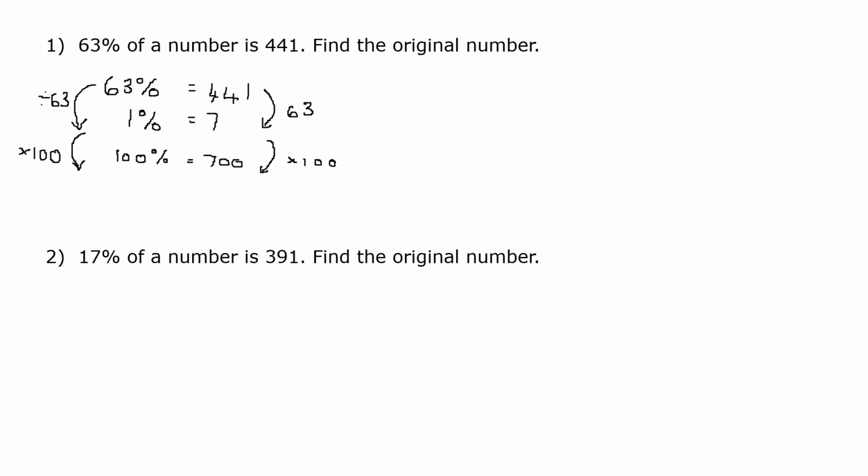Now question 2, 17% of a number is 391. Find the original number. So let's do exactly the same. 17% is equal to 391. Going to divide both sides by 17. That's going to give me 1% is equal to 23.